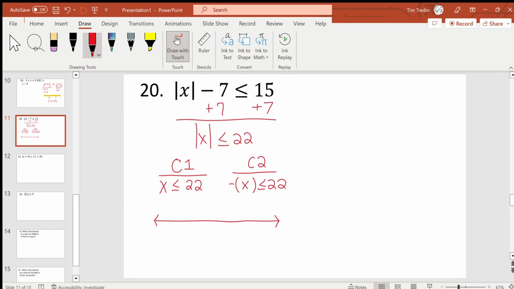Case 2, if we just divide both sides by this -1, that cancels the negative on the left, and I'm left with x, flip our inequality, is greater than or equal to -22. So the two numbers I need to put on my number line are -22 and +22.